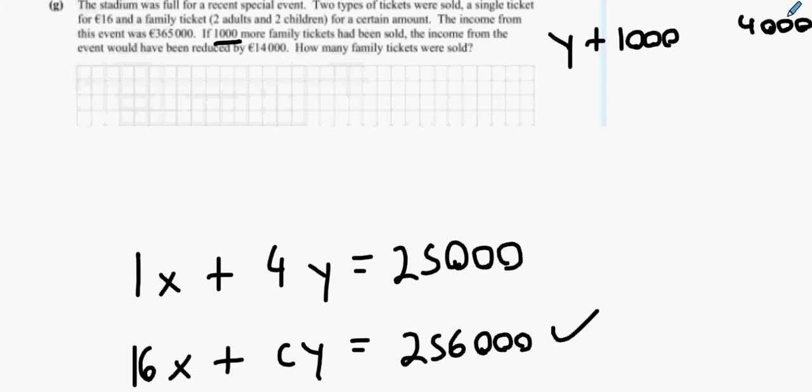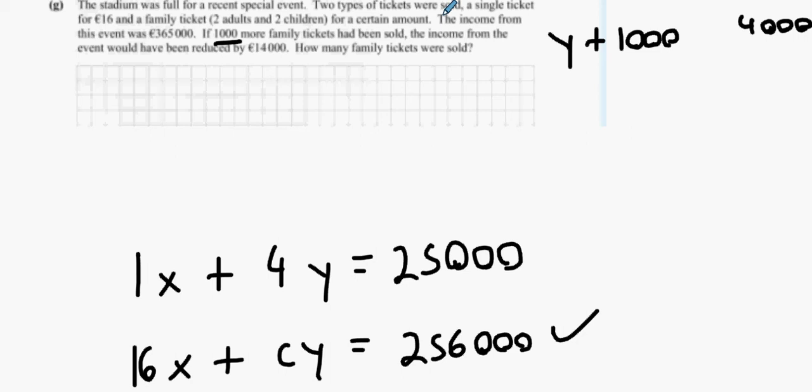Is it full on the second time as well? Does it say it's full on the second one? If the stadium was full for a special event, and you sell more family tickets, your stadium's too full, isn't it?